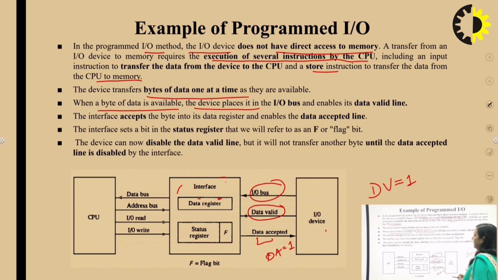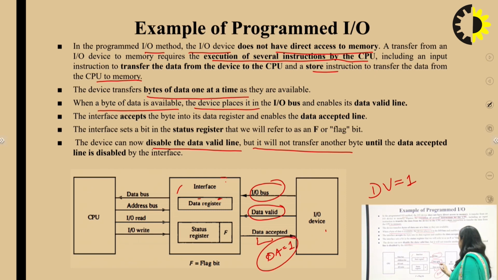And after that, the interface sets a bit in the status register. This is the status register. It says that we have data in our data register, and here we set it by using the flag bit. So we set the flag bit to F. Now the device can disable the data valid line after transferring the data, but it will not transfer another byte until the data accepted line is disabled by the interface.